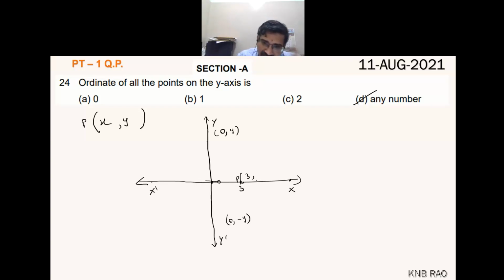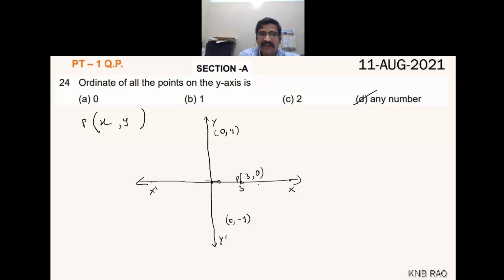It is there on that only. So its ordinate becomes 0. If a point lies on the x-axis, then the perpendicular distance from it to the x-axis is 0 only.